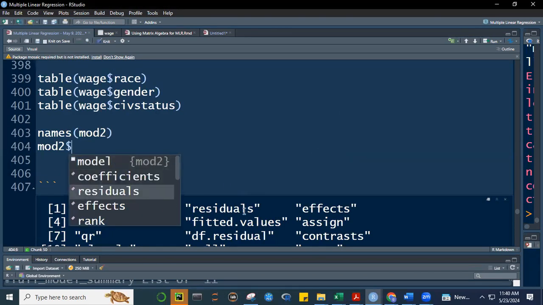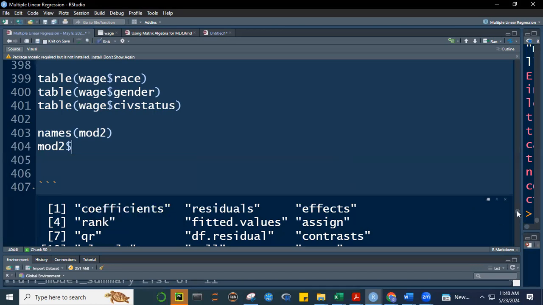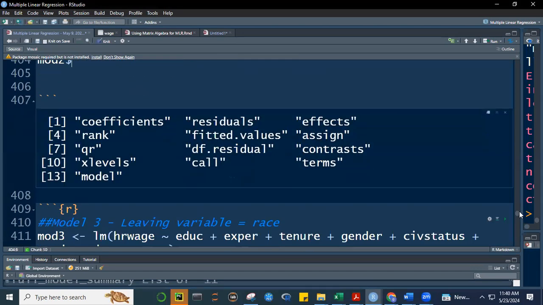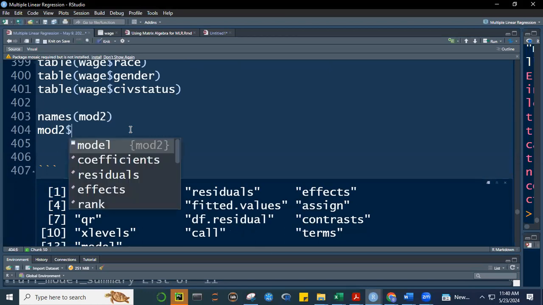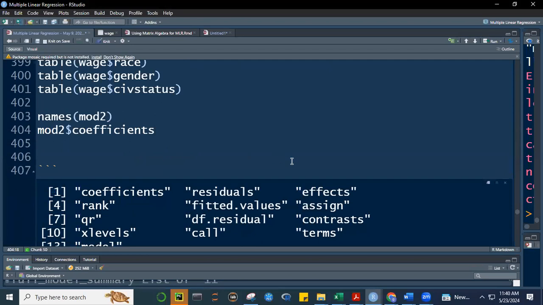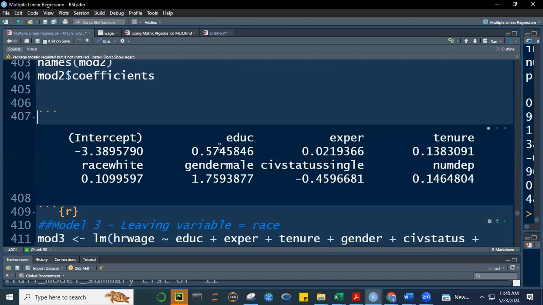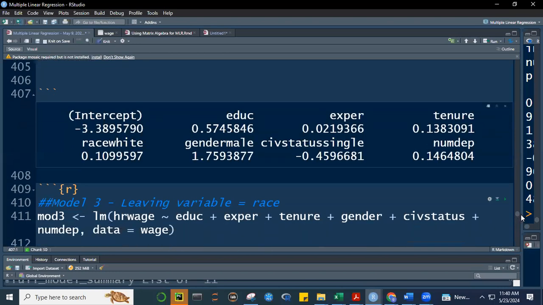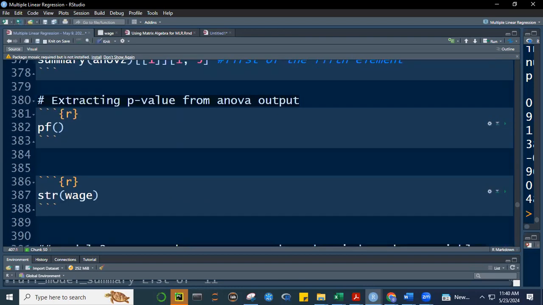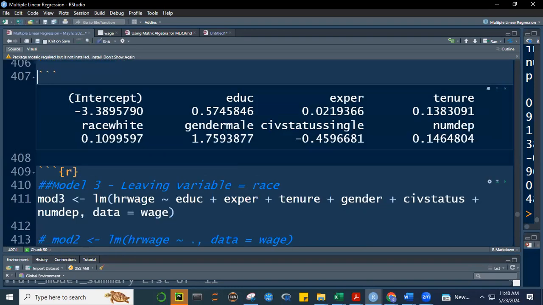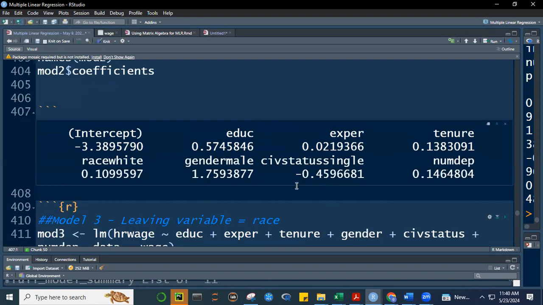We type the dollar sign, mod2 dollar, then you have here, for example, coefficients. Control Enter. It will now give us the values of your coefficients, the ones that you saw in the model. Intercept is -3.38 something. So these are what we got a while ago.